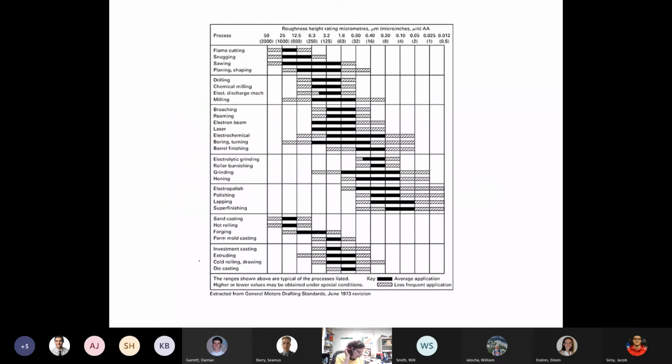Okay, so now again, this is not the greatest slide going on here. What we find is as we're moving this way, we're seeing that R sub A is decreasing. Down here on the bottom, we have our sand casting, which is on the higher side.